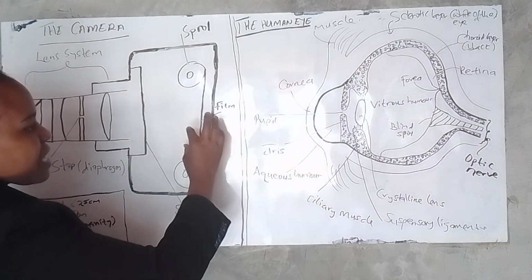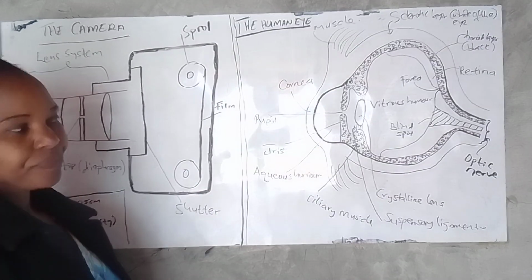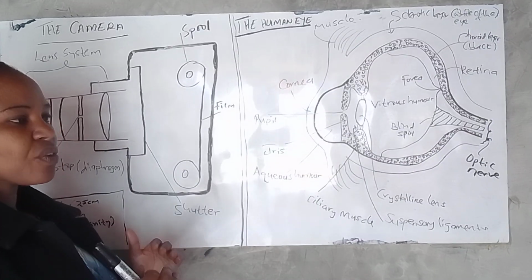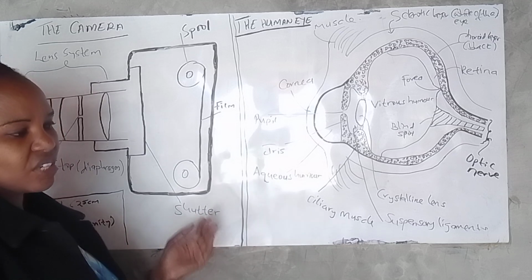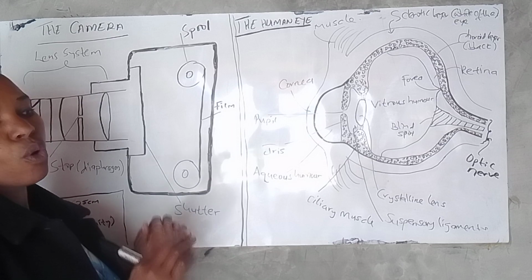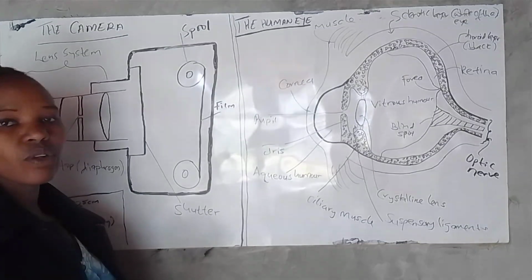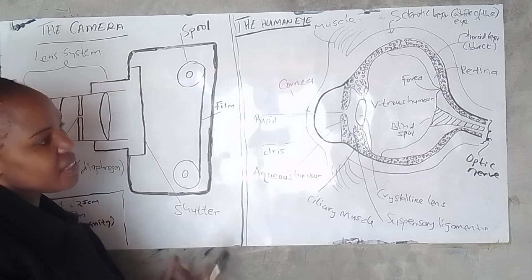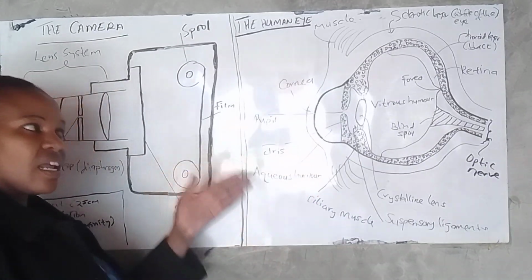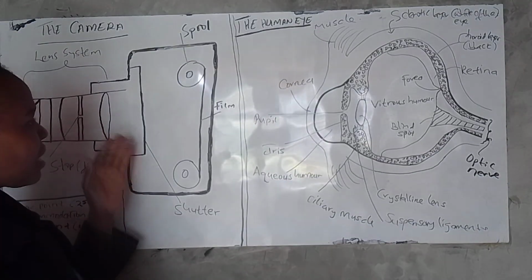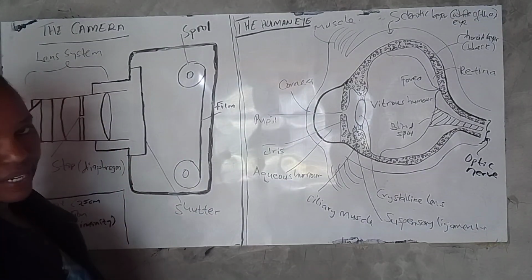It means that for the images falling on the film, you can only take one photograph at a time because the shutter will close. It will only open when you want to take another photograph. So it is permanently closed as long as you are not taking photographs. Unlike the eye, for the camera the images will only form on the film when the shutter is open.